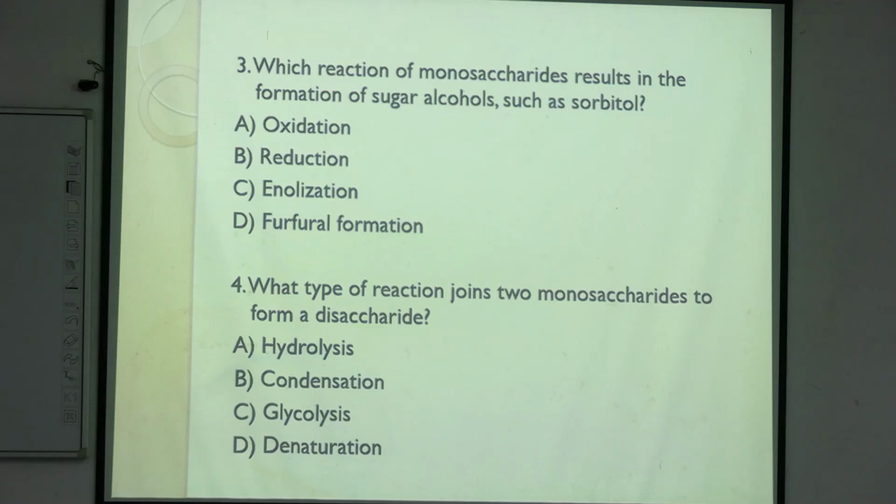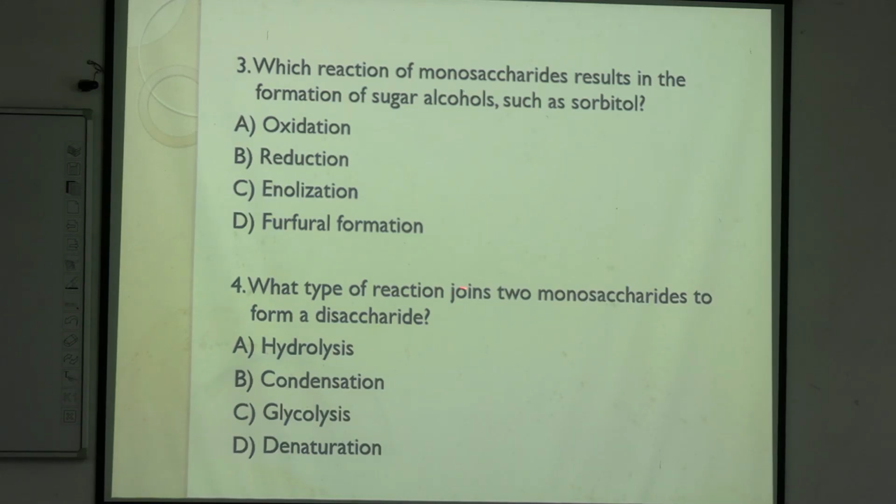Which reaction leads to production of sorbitol or sugar alcohols? Oxidation, reduction, enolization, furfural formation. Which of you will say? You, white t-shirt. B, reduction. So reduction leads to formation of sugar alcohols.